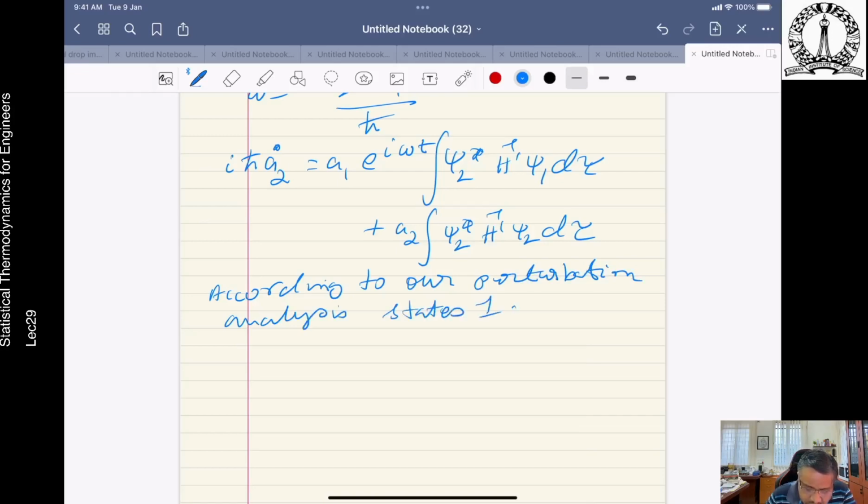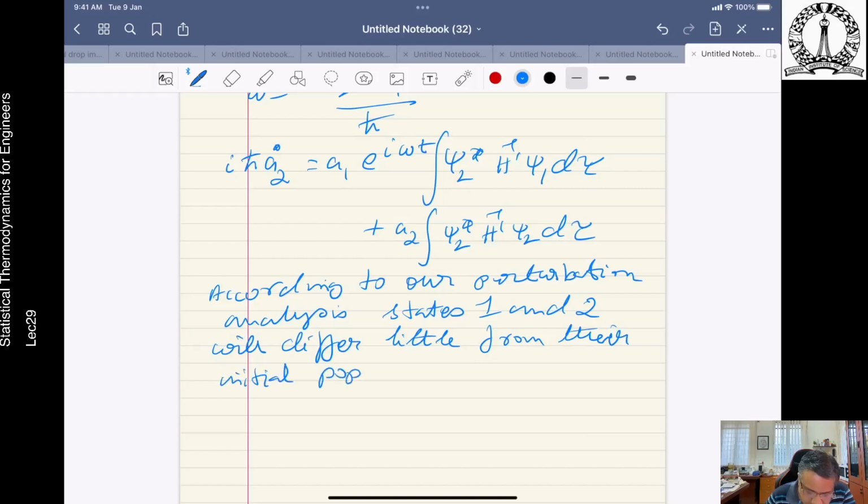So we have A1 almost equal to 1, and A2 almost equal to 0.